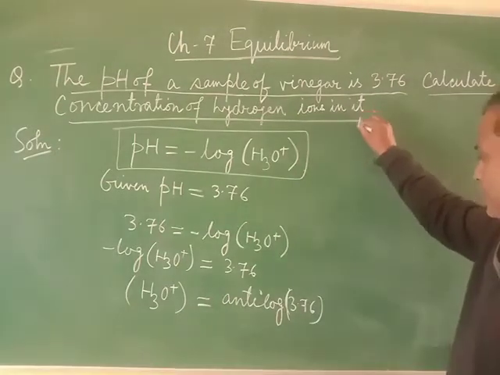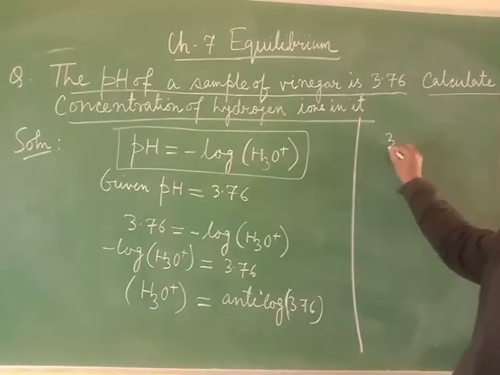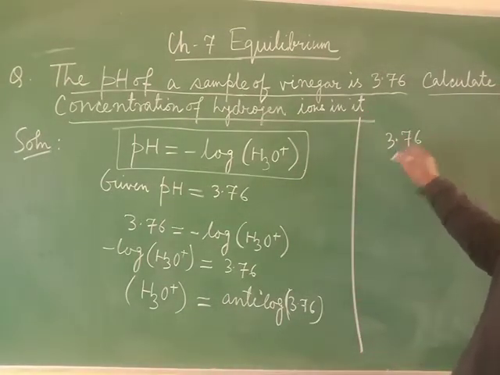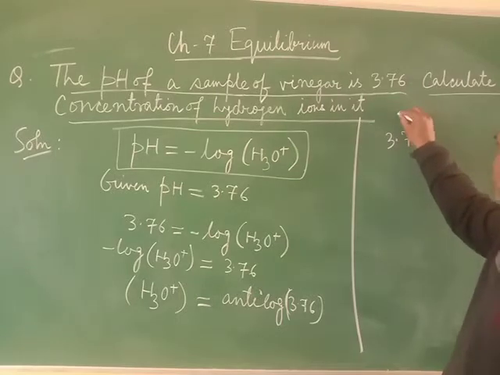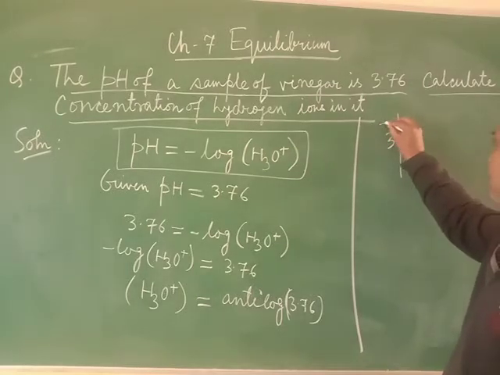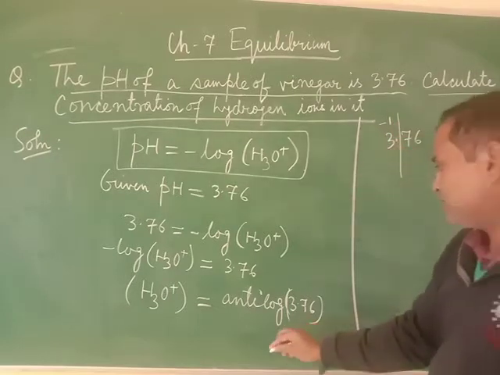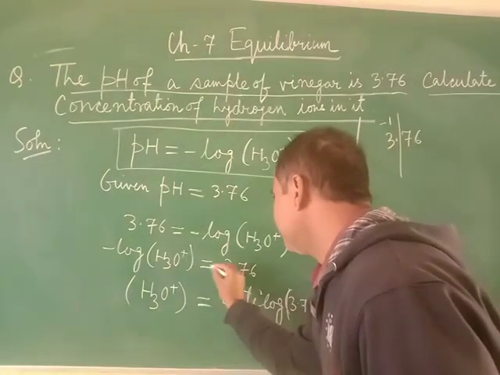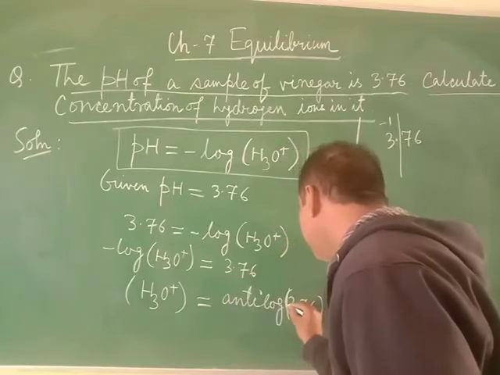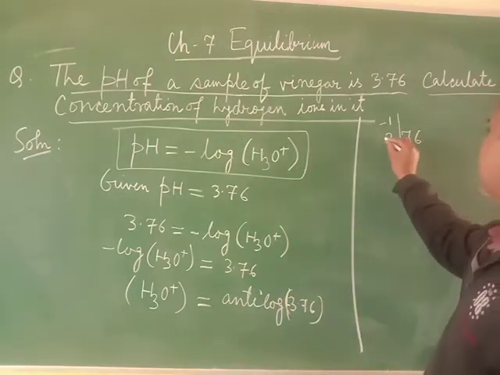Now, here is the trick. See, 3.76, we are finding antilog. What we have to do? To this part, we will add minus 1. Actually this is minus, so it will be antilog of minus 3.76.